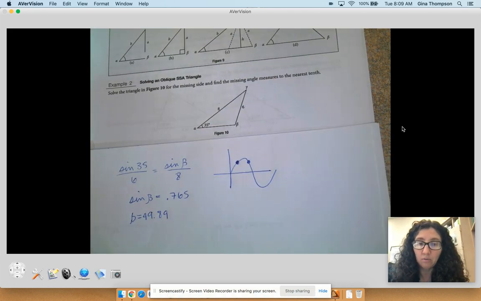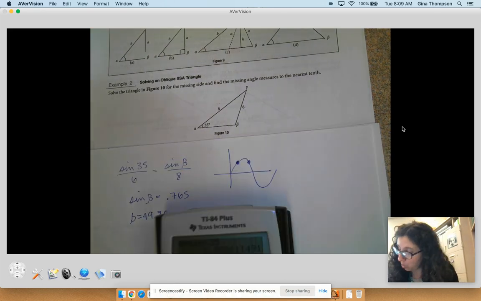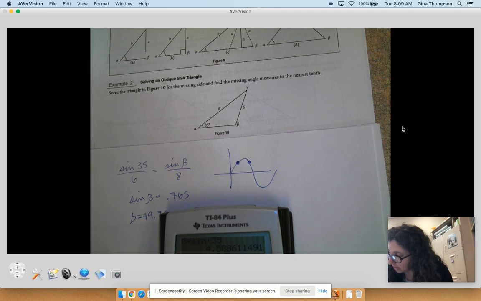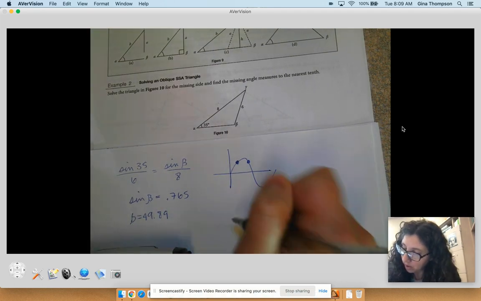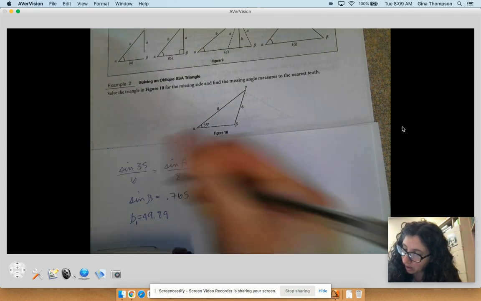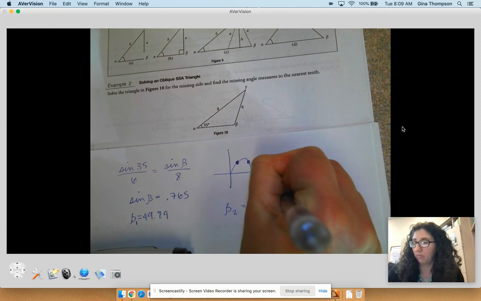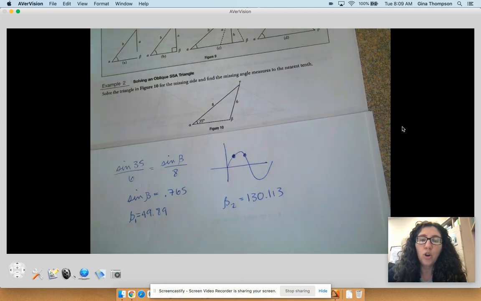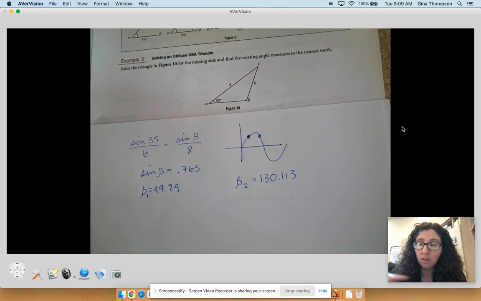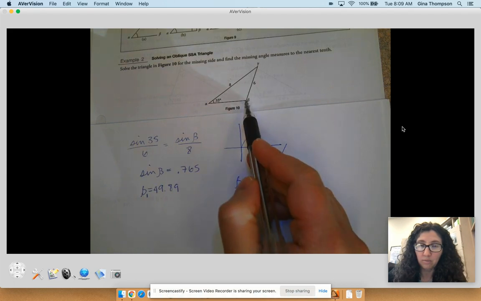And what's that answer? Just like when we were solving trig equations, it is 180 minus this. So let's call this beta 1, and let's call this beta 2. Those are the two possible angles here.